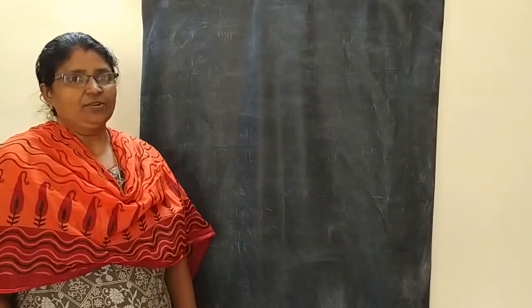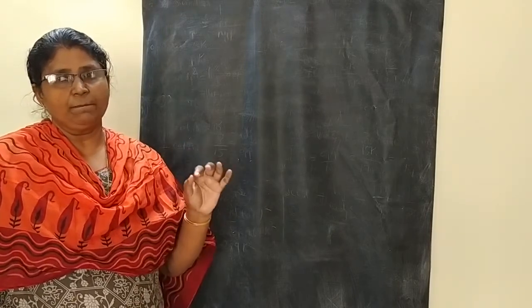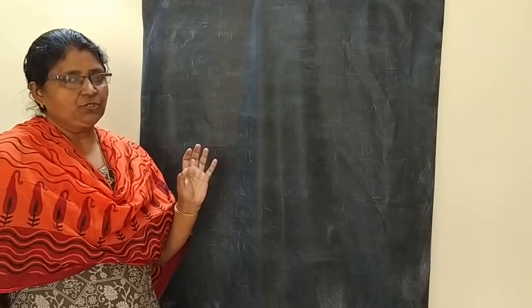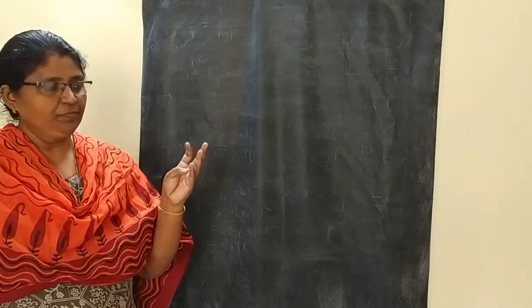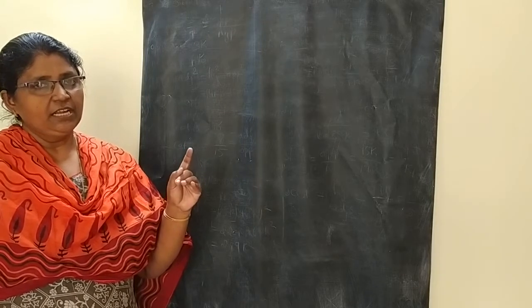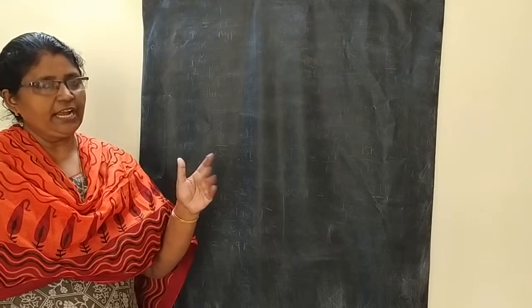Next, we are going to study trigonometric ratios of some particular angles. Up to last year, you had to study 0 degree, 30 degree, 45 degree, 60 degree and 90 degree.